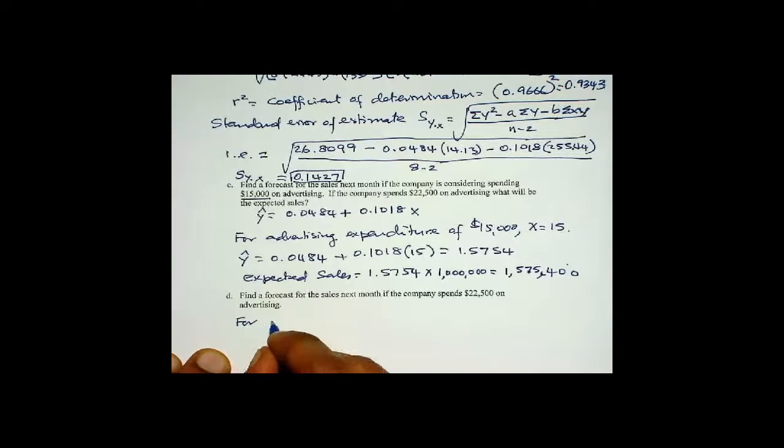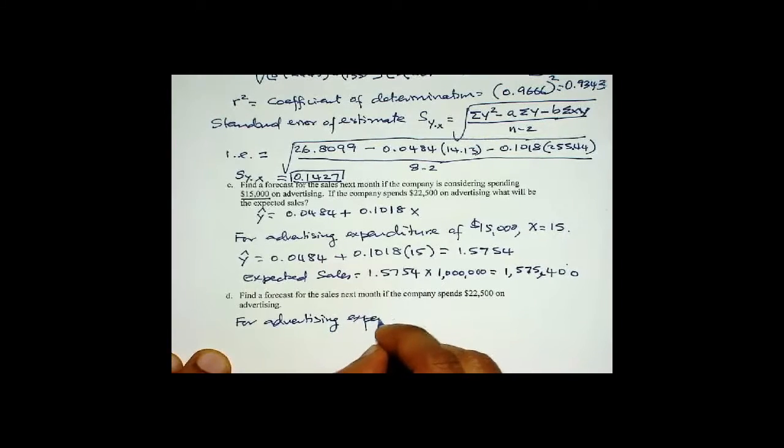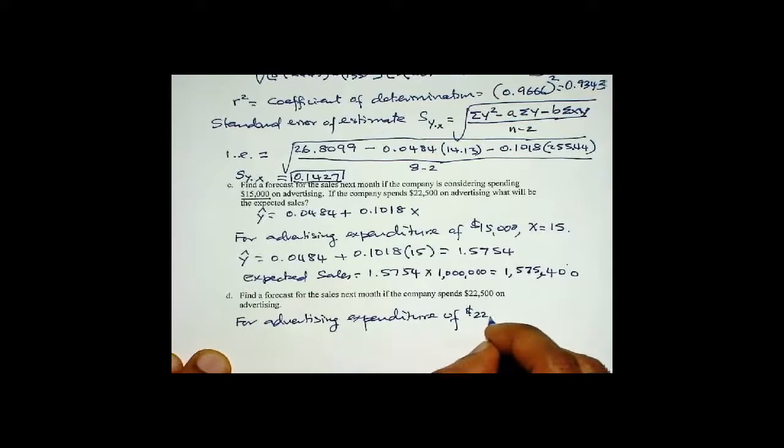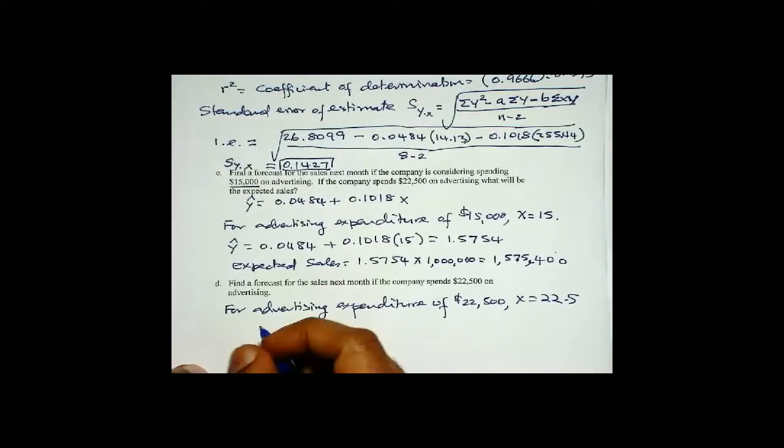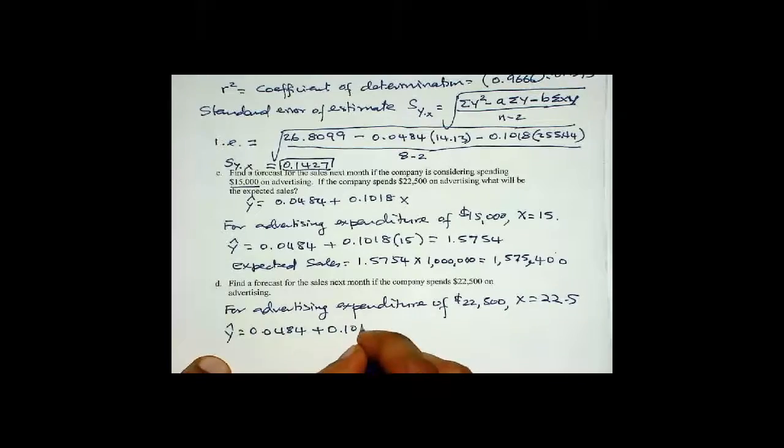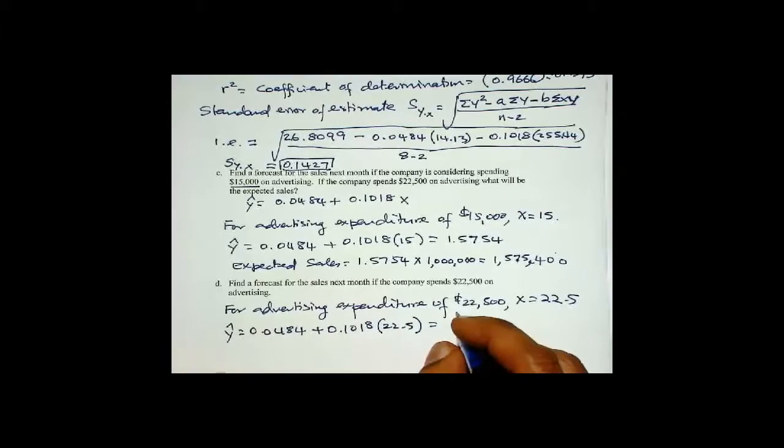for advertising expenditure of 22,500, x is 22.5. Then y hat is 0.0484 plus 0.1018 times 22.5. This will give us 2.3389.